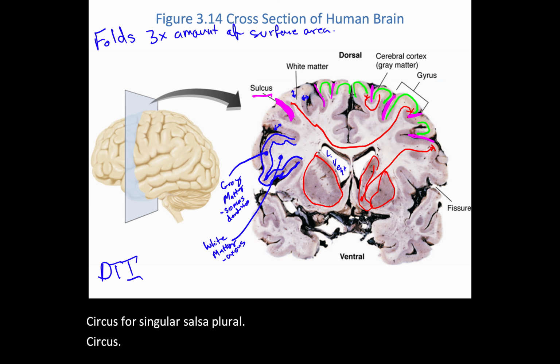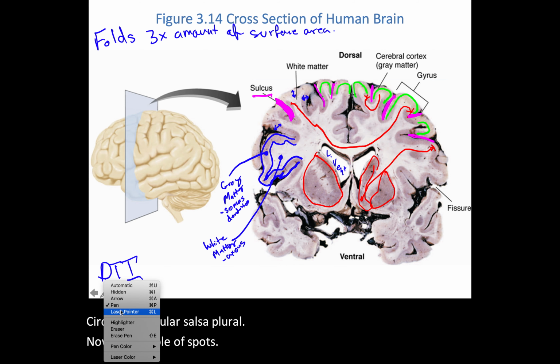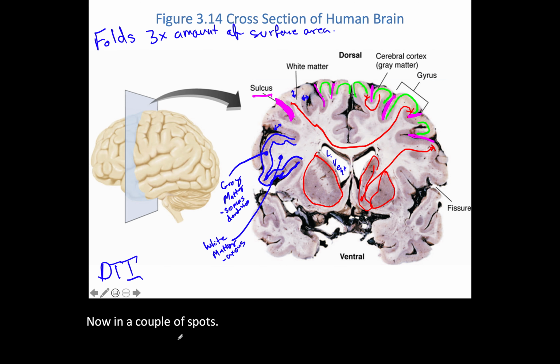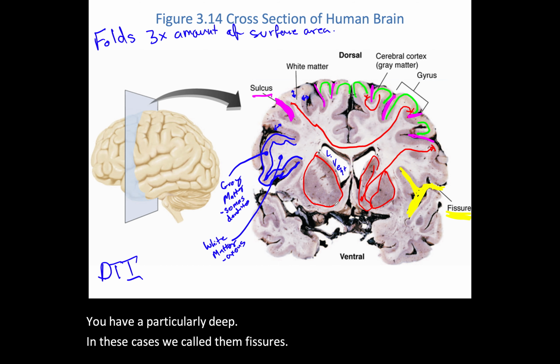Now, in a couple of spots, you have a particularly deep crevice. In these cases, we call them fissures. This is the lateral fissure, or the Sylvian fissure.